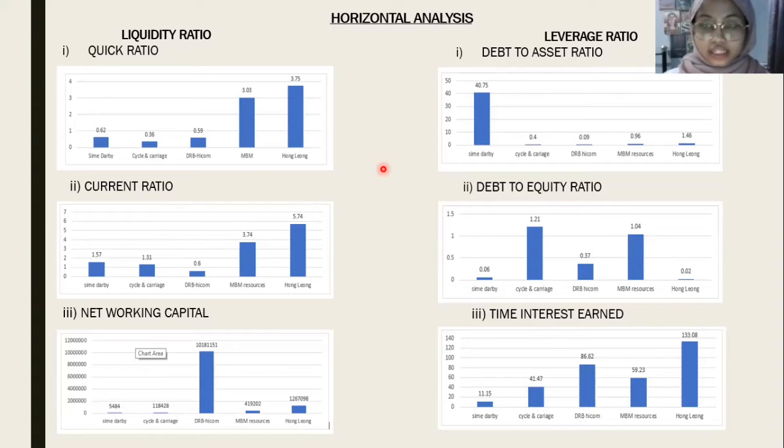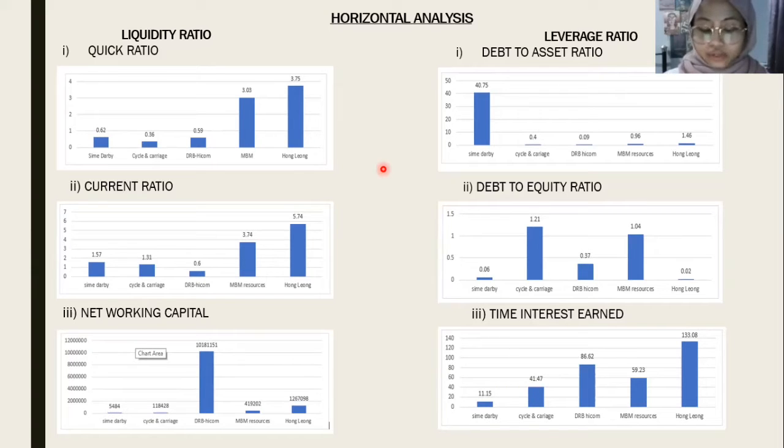Next is leverage ratio. For debt to asset ratio, the lower ratio indicates better performance. In this case, the RB income reached 0.9%, meaning that the company is in stable condition. Darby and Hong Leong ratio is over 1%, indicating that a major part of the portfolio is financed by debt.